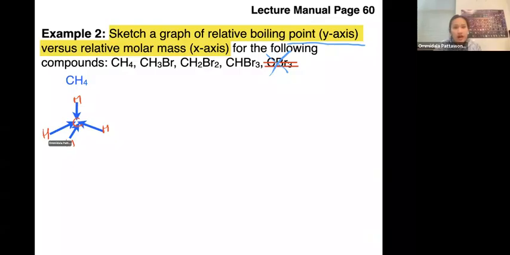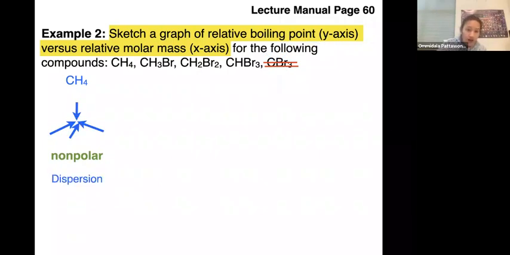If you're looking at the polar bond, the EN of carbon is slightly higher than hydrogen, so it's going to pull toward carbon, but it doesn't matter because this molecule is going to be non-polar anyway, because the bonds between carbon and hydrogen are essentially non-polar. Therefore, this molecule would be a non-polar molecule, so it would exhibit dispersion only.